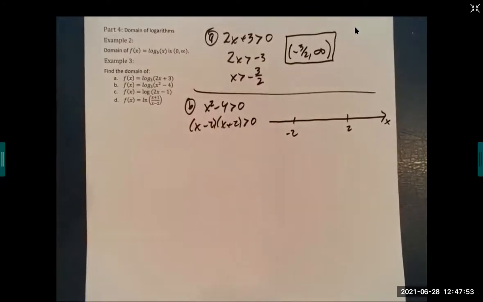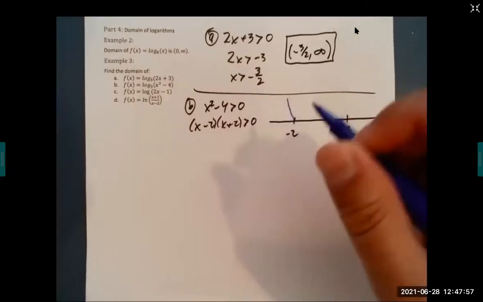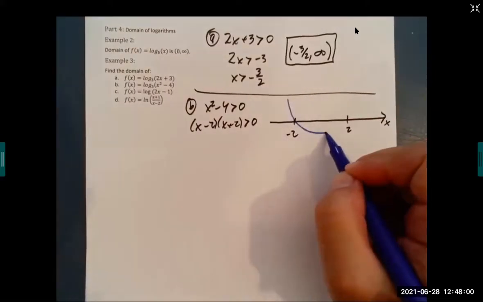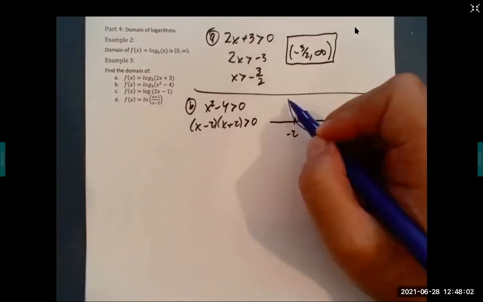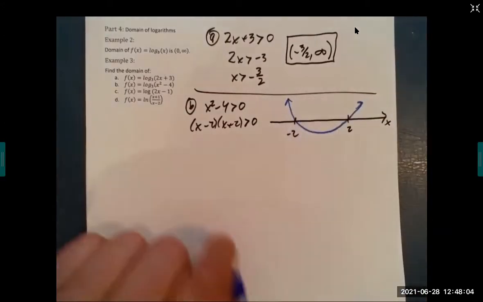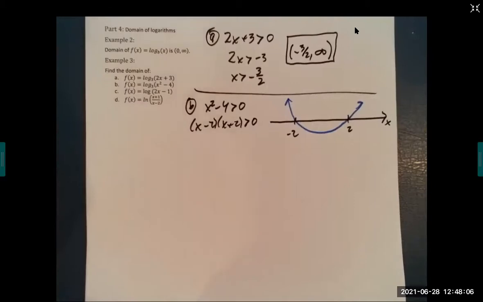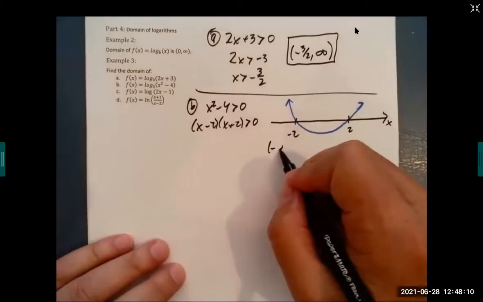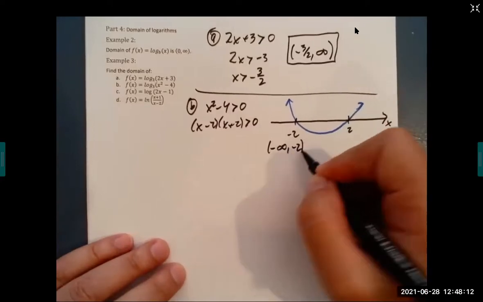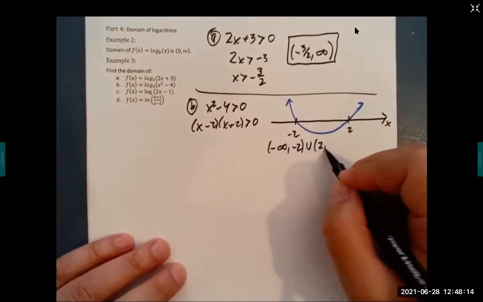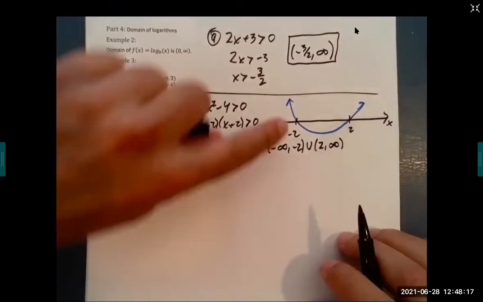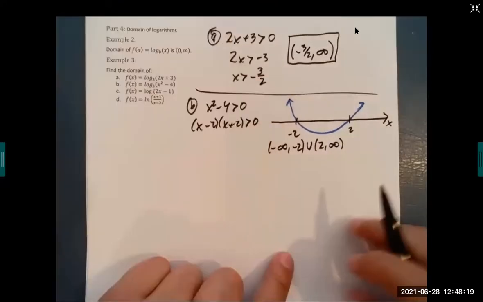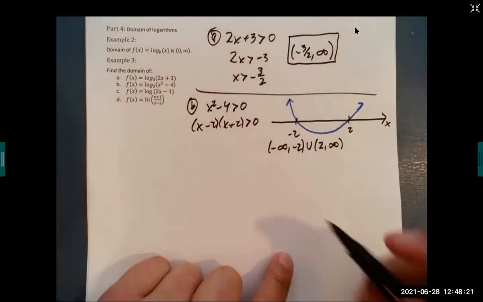So in reality, this graph is going to look like this. It comes down and goes back up like that. Since we want the positive values only, the domain in this case is going to be negative infinity to negative 2, union with 2 to infinity. We can see it's positive up here, positive over here, but it's negative down there. So here's our domain.